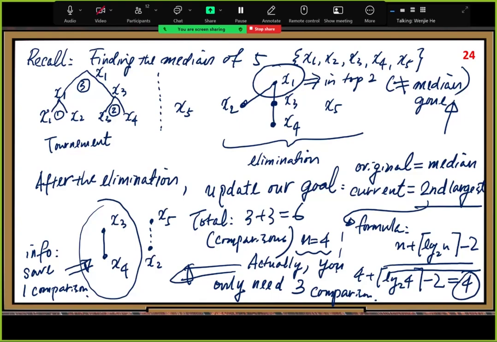Because median of 5 is exactly the 3rd largest element in a 5-element array. So here, we did a special case of the 3rd largest element. Then we go to the general case: we find the 3rd largest element in the general n-element array problem.